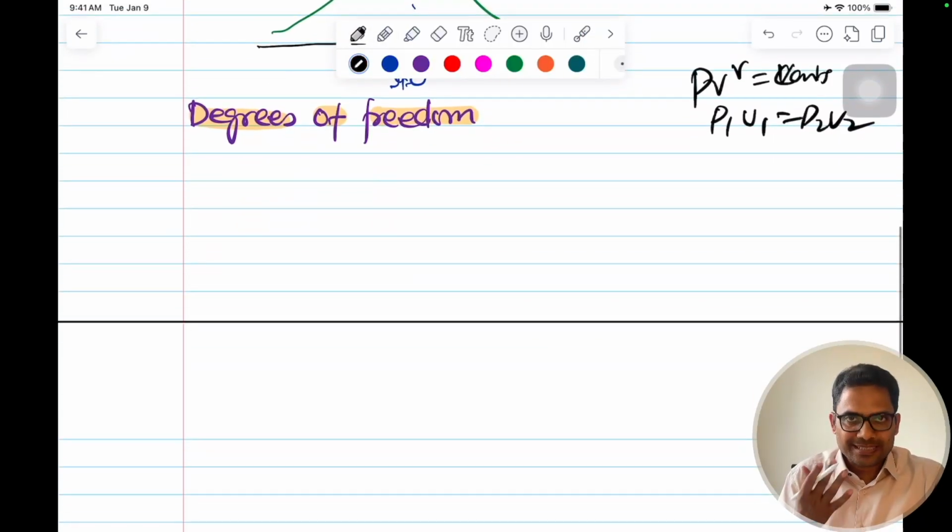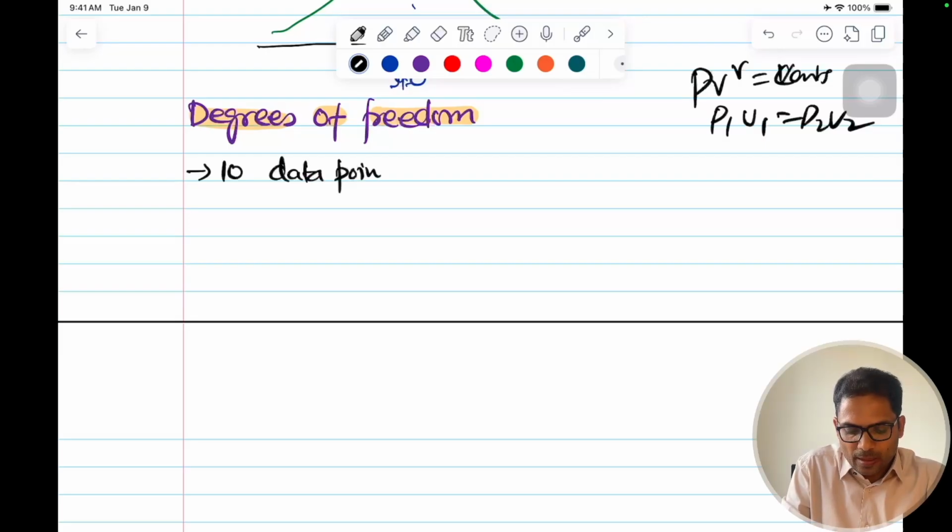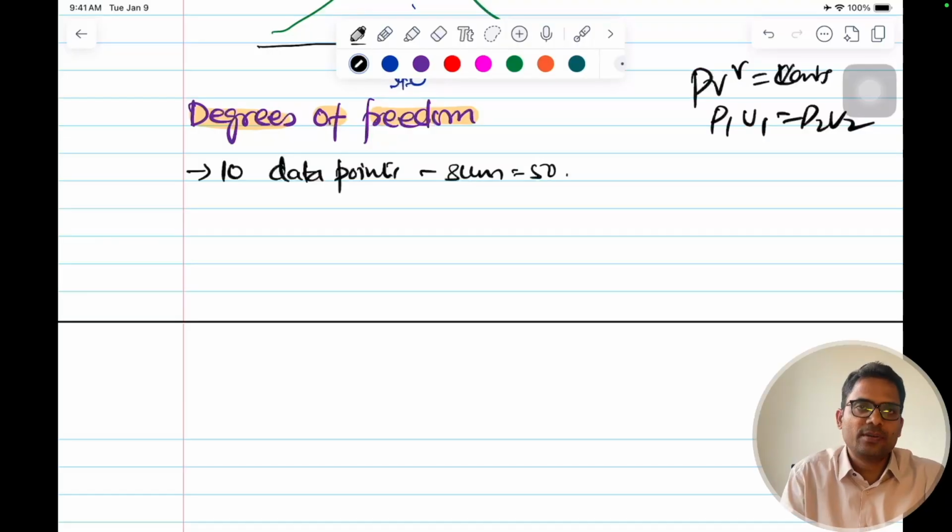For example, for understanding, say we have 10 observations or 10 data points, and the sum of those data points is equal to 50. Understand?